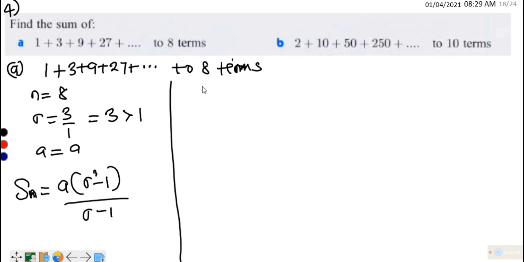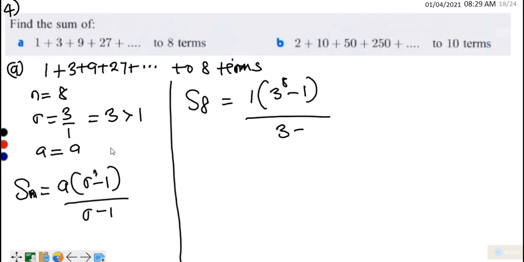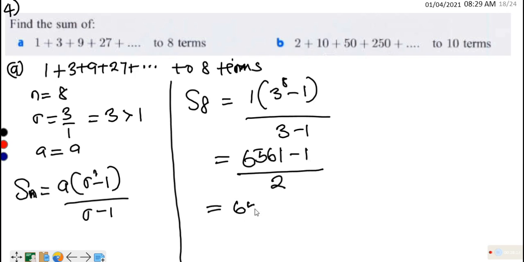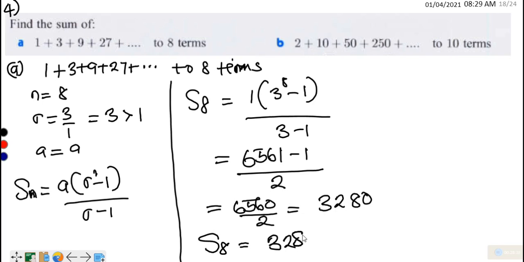So that will give us S8 equals 1 into 3 raised to power 8 minus 1 all over 3 minus 1. 3 raised to power 8 is 6561, minus 1, all over 2, and this is 6560 all over 2, which gives 3280. So S8 equals 3280.